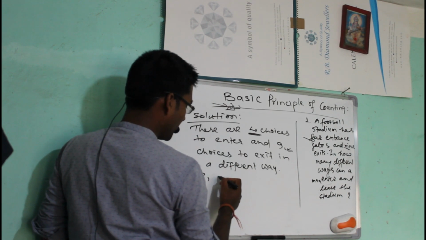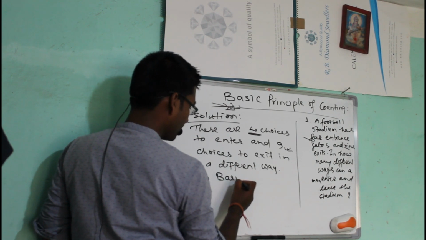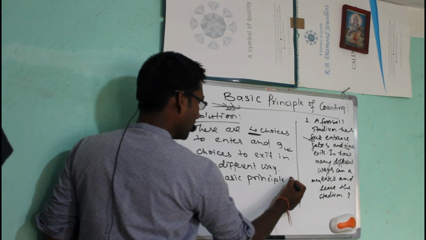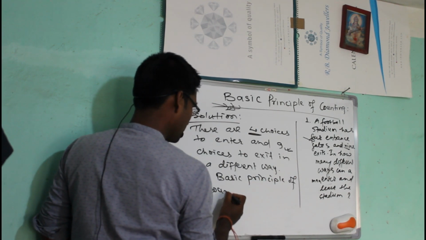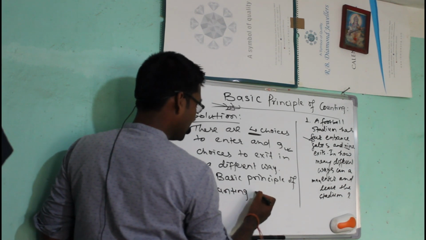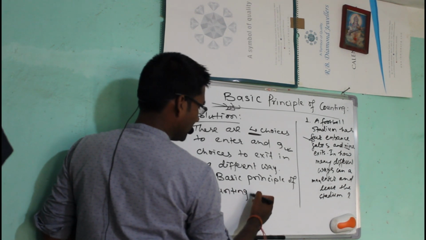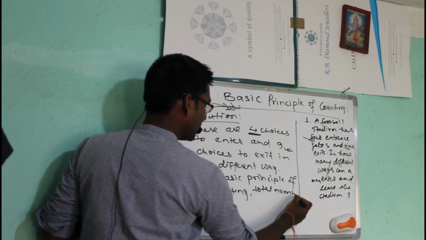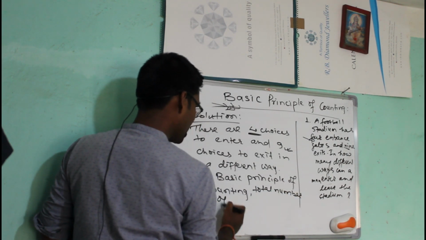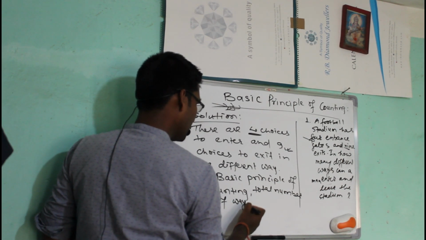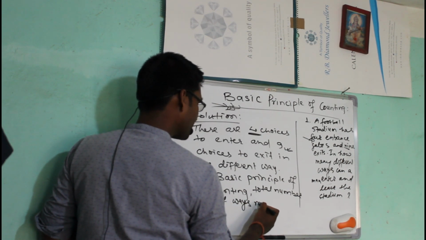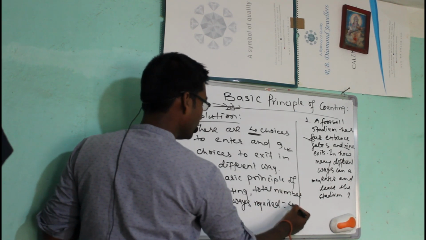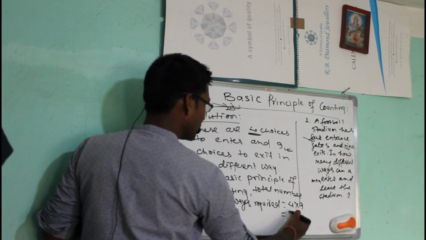Okay, so by the basic principle of counting, the total number of ways required will be simply 4 into 9. 4 into 9 gives here 36.